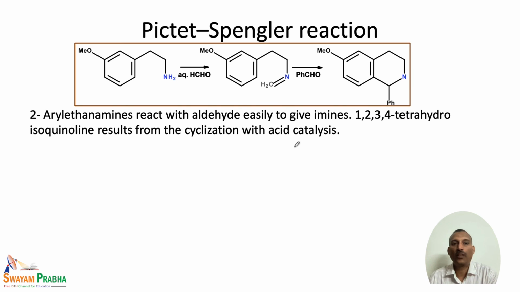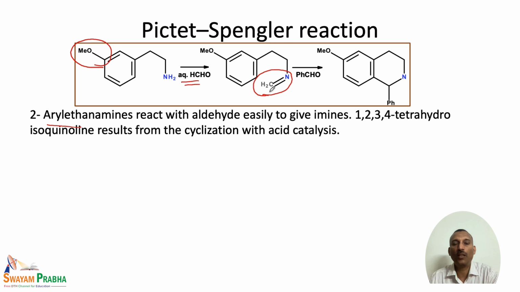And the next one is the Pictet-Spengler reaction. In this reaction, 2-arylethanamines, which is very similar to the phenylethylamine we have seen, here we have a substituted one. So, there is a substitution present in this compound, and when treated with aqueous formaldehyde, it leads to the imine derivative.